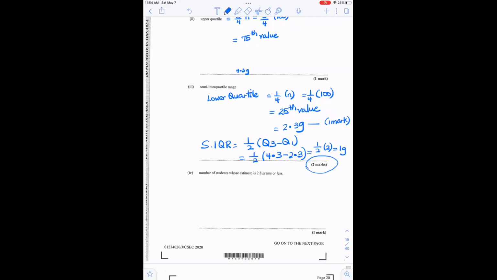Yes, miss. All right. The number of students whose estimate is 2.8 grams or less. So here is what they're asking: the number of students whose estimate is 2.8 grams or less.